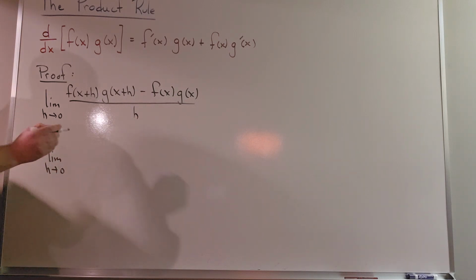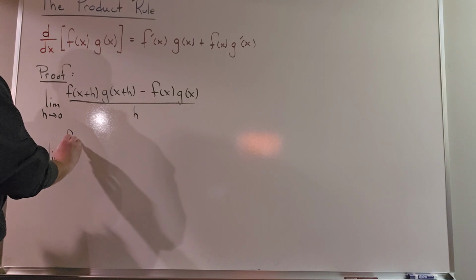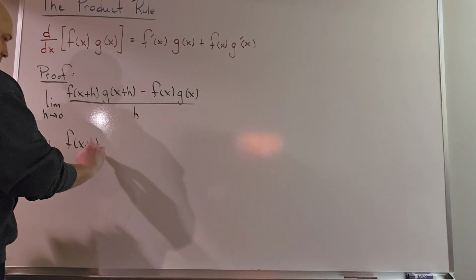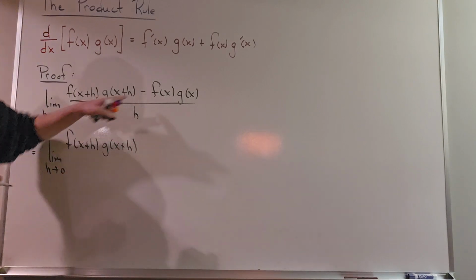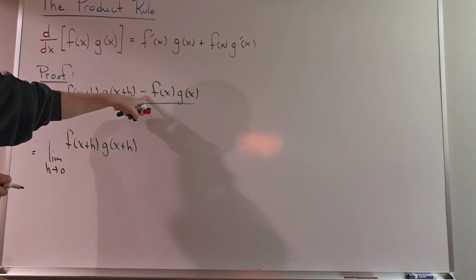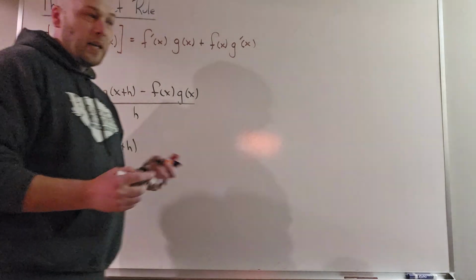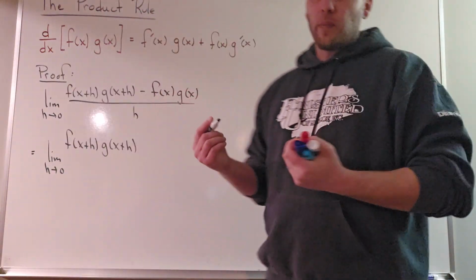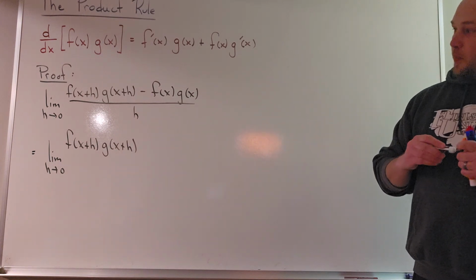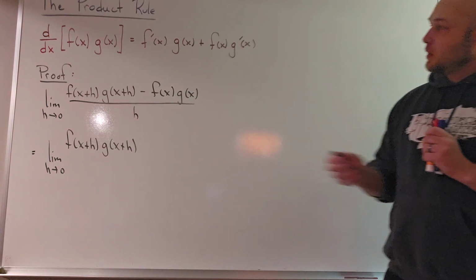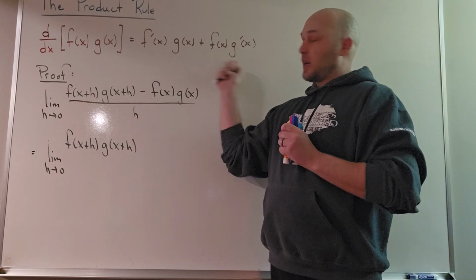Now, here's the trick. I'm going to add and subtract an expression in between those two. In particular, I'm going to add and subtract something that equals 0, so I'm not changing the value of this expression, but I'm going to specifically choose it so that I end up getting this result.